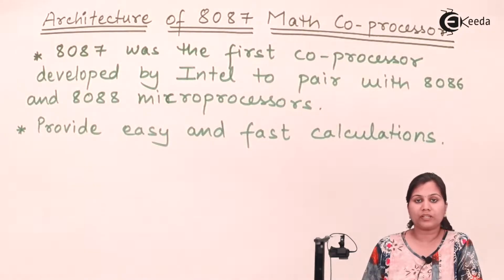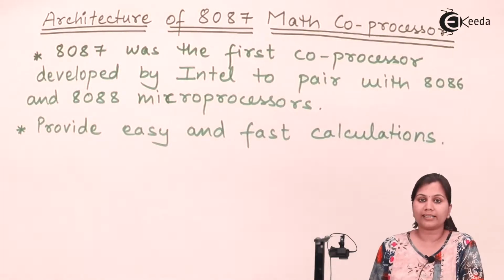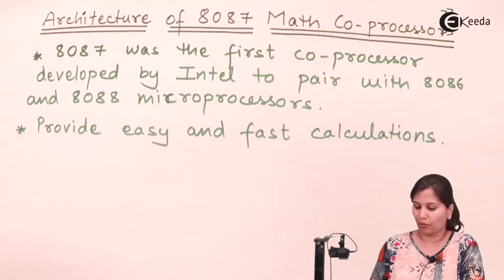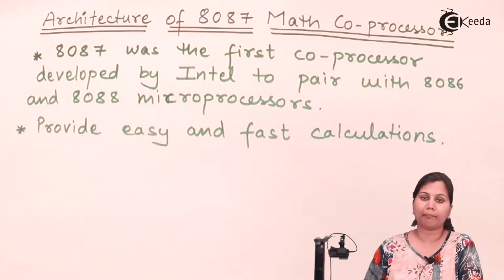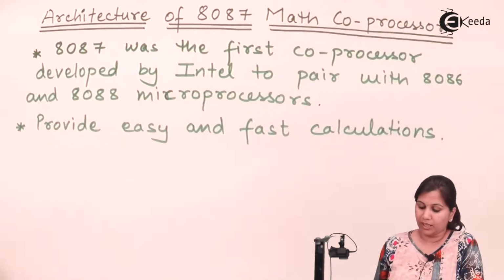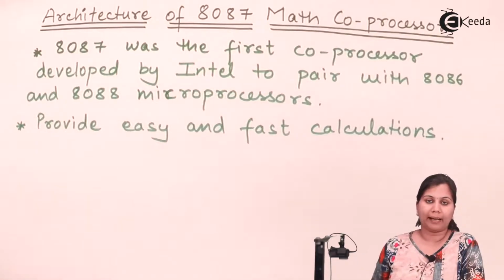So here in this video, we are going to study the architecture or the block diagram of the 8087 math coprocessor. The architecture or the block diagram is divided into two parts.